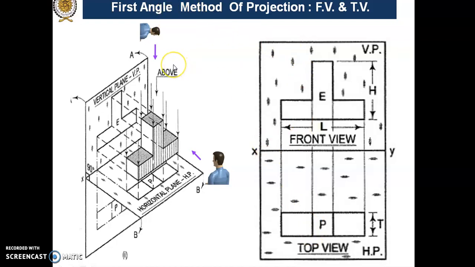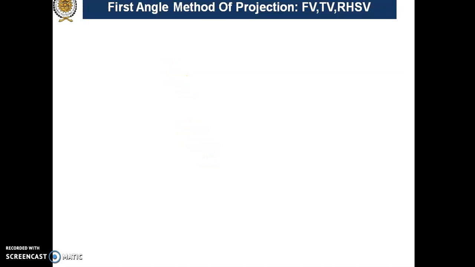Now let us try one of the side views. Let us try the right hand side view and see how it appears. Assume that the object is placed in the first quadrant. Now we have to place the position of the observer from the front side over here.